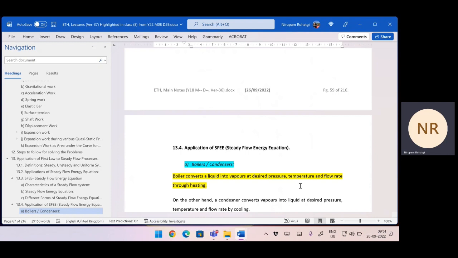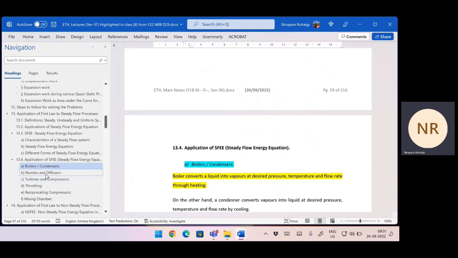After this, once you know this equation, we will take up all those systems, like boilers and condensers, nozzle, diffuser, turbine and compressors, throttling processes, reciprocating compressors, mixing chambers.